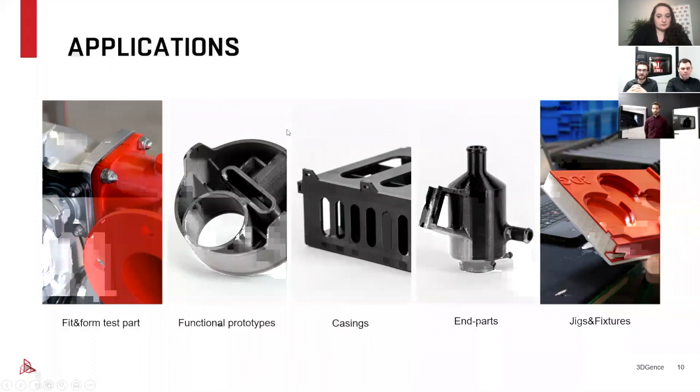End parts, as Maddie has already mentioned in the beginning, this is beginning to grow significantly. If the engineering material is chosen well, and the part itself is designed to be well printable, this can actually lead to a functional end-use part.